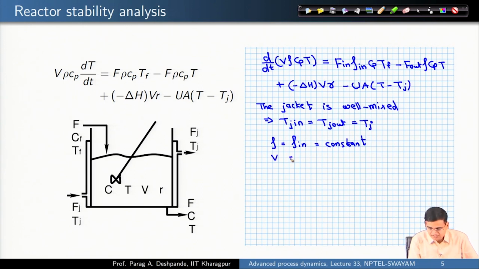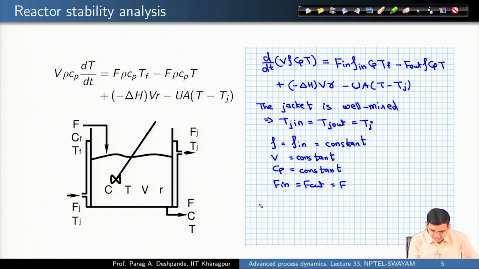V is a constant, and now what you are also assuming is that the material properties are constants, which means that specific heat, we know that specific heat can be a function of temperature, but for this analysis you have assumed that Cp is a constant. And also F in is equal to F out is equal to F.